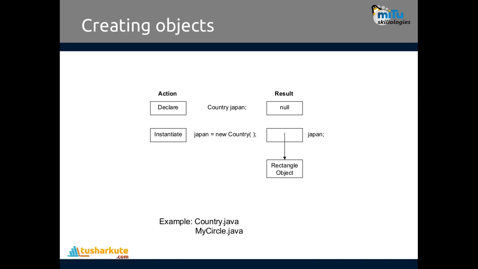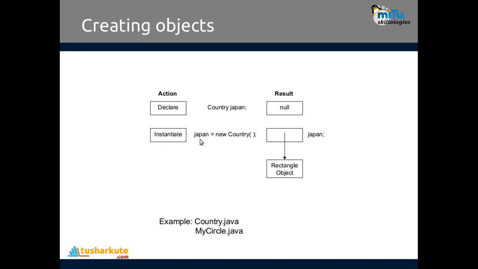Okay, so let's see what exactly the object is. An object is created by this method. First of all, we declare the reference. This is a reference variable. For example, the Country class is created and I have given the reference variable as Japan. It is created but not allocated with memory. This Japan is called the reference variable.